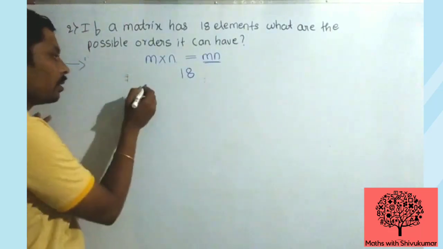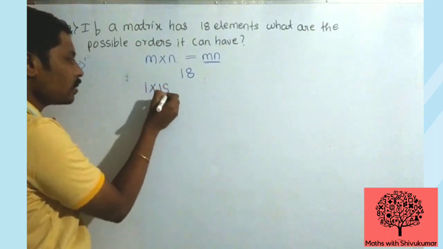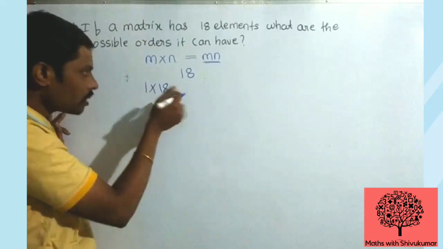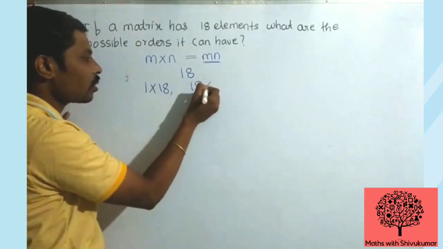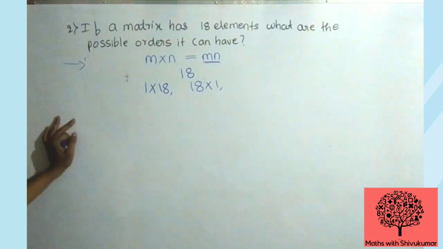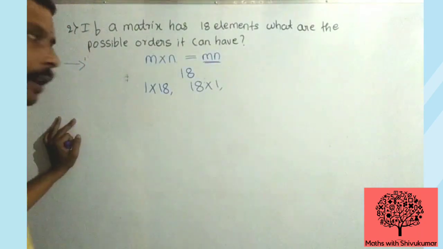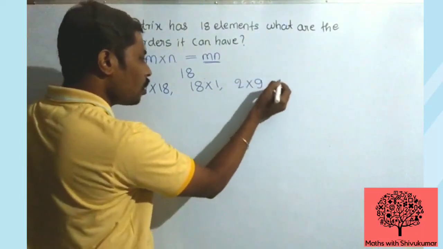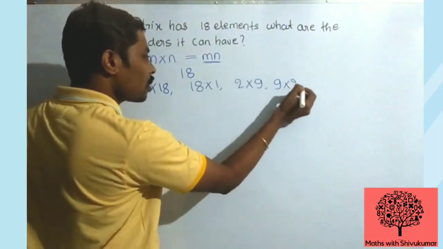Always start with 1. 1 cross 18 is possible, because 1 cross 18 means you will get 18 only. So reverse this one, 18 cross 1. This is also possible. What is the possibility next? Start with 2. 2 cross 9 or 9 cross 2.